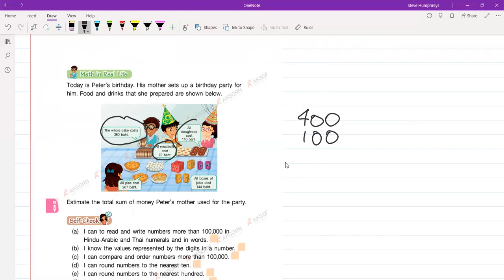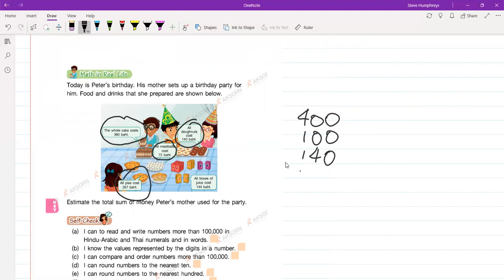All donuts cost 140 baht. Well, I left it. Sorry, I left that one. I left that at 140 baht. Okay. Next, all pies cost 267 baht.